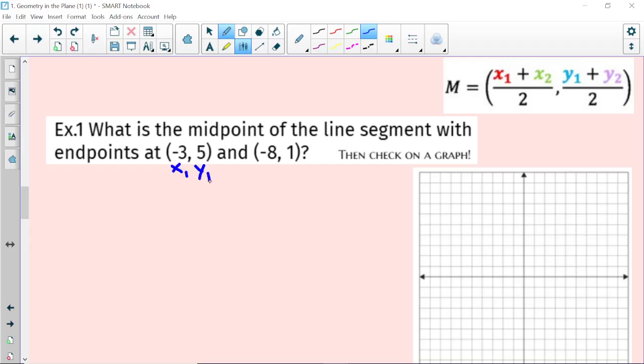Remember, coordinate points go x, y. So my -3 is my x, my 5 is my y. That's my first coordinate, so I'm going to call it x1, y1. And then I'm going to call -8, 1 my x2 and my y2.